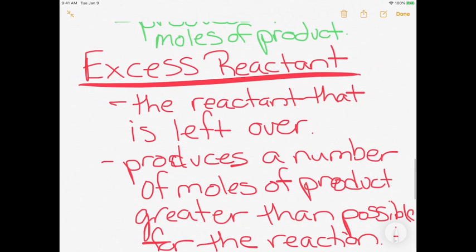So our excess reactant is going to make something that's too big. So we run out of the limiting reactant, and so the excess reactant cannot make how much it could have made if it had not run out of the other reactant. And so again, our excess reactant I wrote up above as XS. Get it? Excess reactant. It just makes it easier.